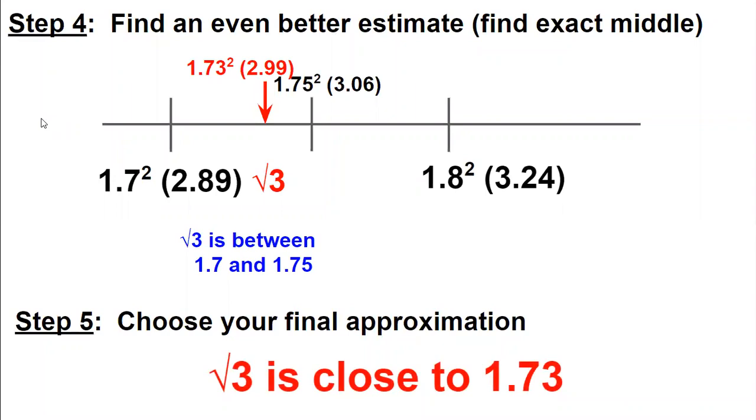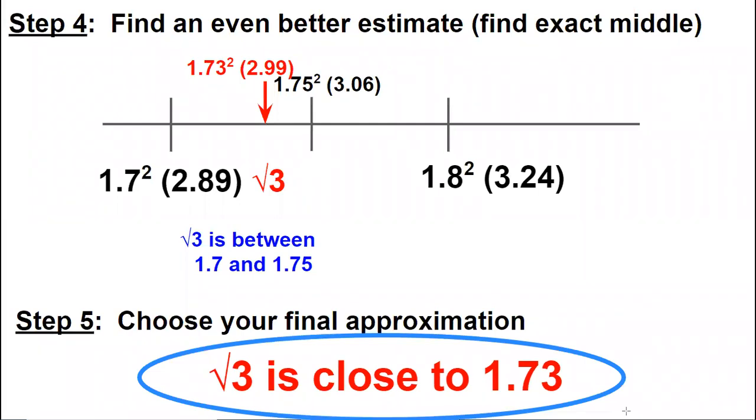So square root of 3 is close to 1.73. But remember, this is an approximation. It's not the actual answer because square root of 3 is irrational.